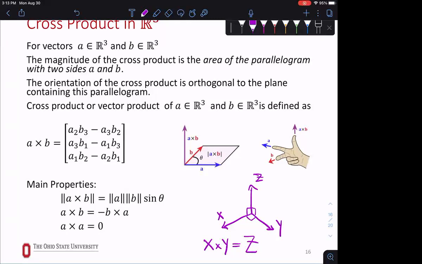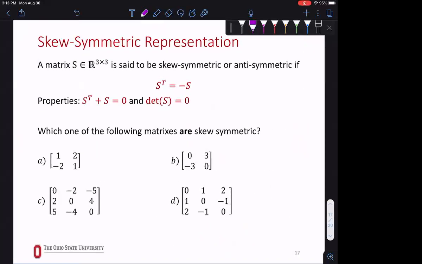Now, there is another way to do the cross product. Before that, I asked if anybody knows symmetric, and you said no. So a matrix S in R3x3, in 3D space, is said to be skew symmetric, so not quite symmetric, if S transpose is equal to negative S. If S transpose was equal to S, it would be symmetric.